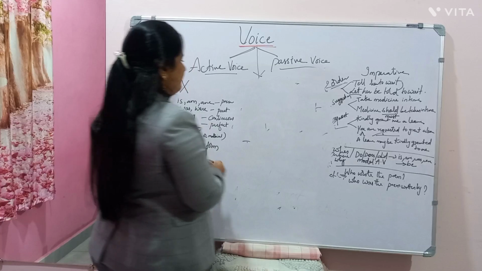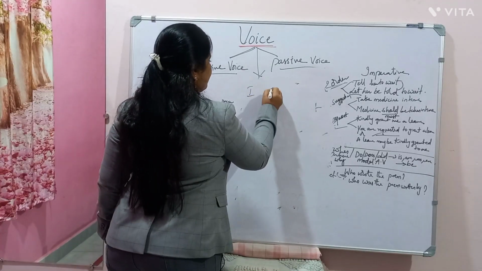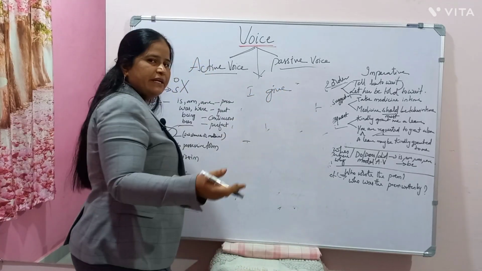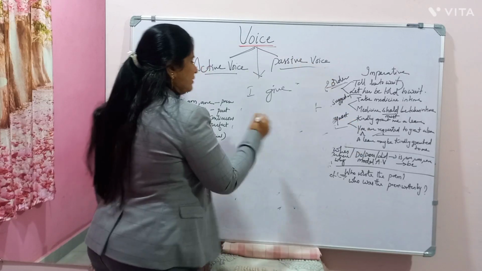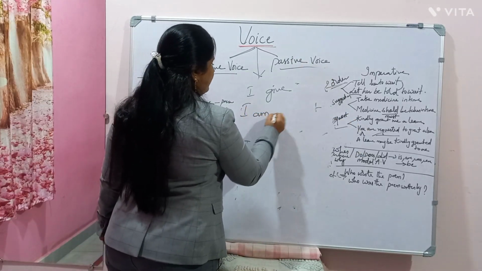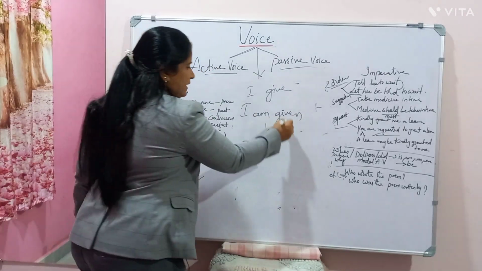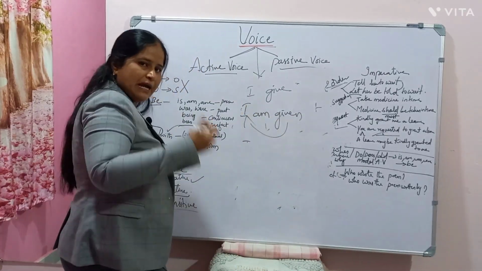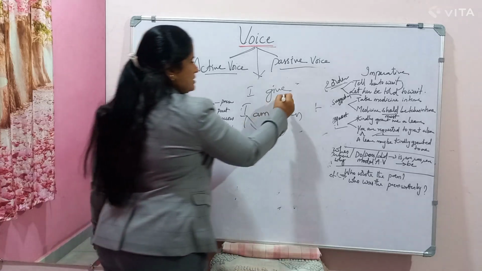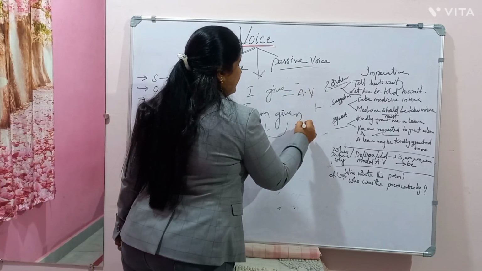If I say I give, what is the meaning of I give? I am doing. If I say I am given, what is this? Here the giving is received by me. I am given. So this is active voice and here it is passive voice.